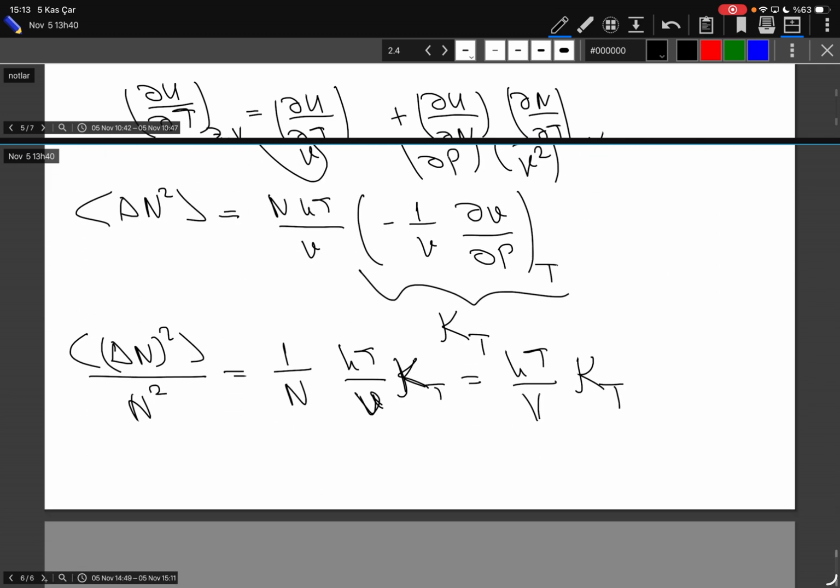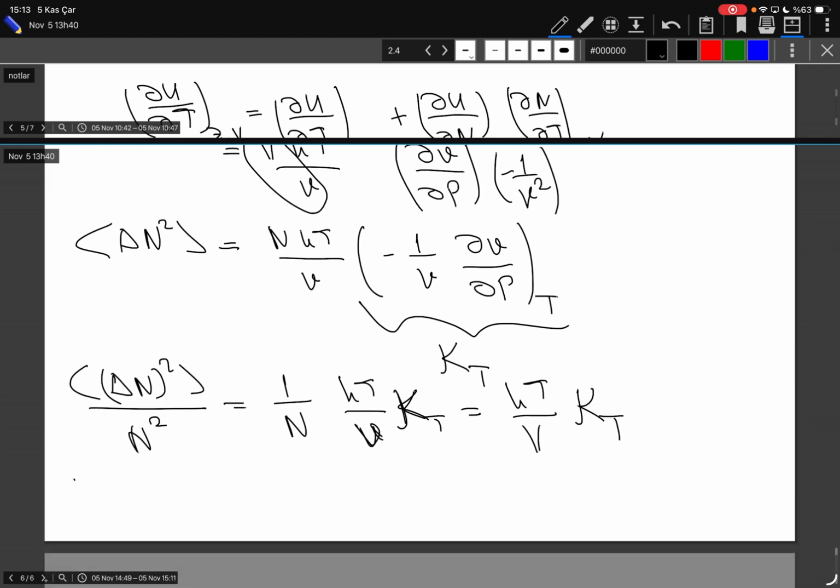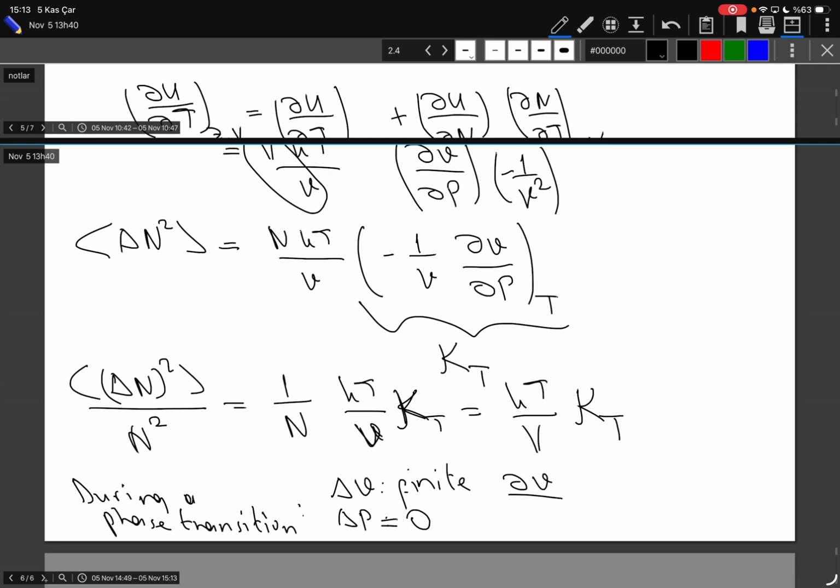So during a phase transition, delta V can be finite, whereas delta P is 0. So the derivative of V with respect to pressure diverges.